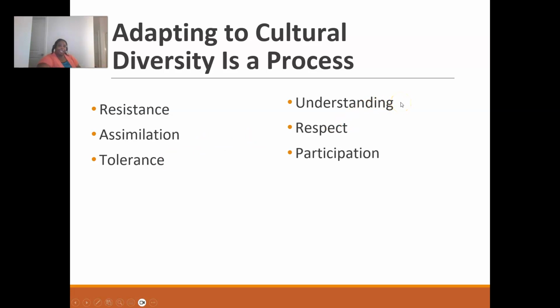Gain understanding, and going back to tolerance, understand that sometimes you might not get everything right in that first interaction, but be willing to try again, respect the other culture, participate in cultural events, adapt the language, and be a part of that culture.